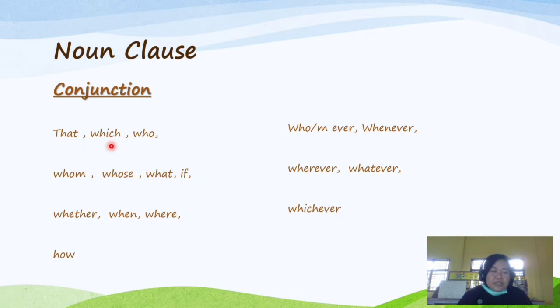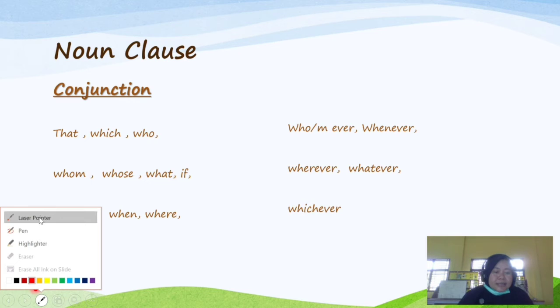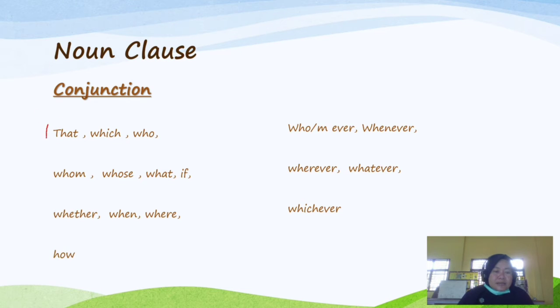That, which, who, whom, whose, what, if, whether, when, where, how, whoever, whomever, whenever, wherever, whatever, and also whichever. For that, it can be omitted.